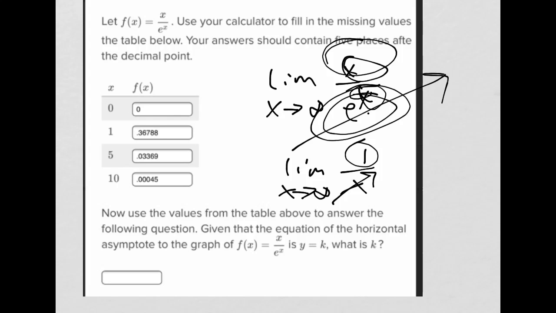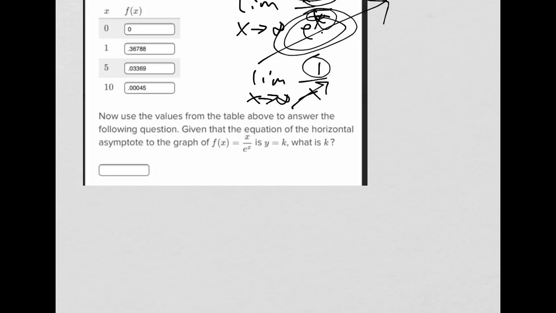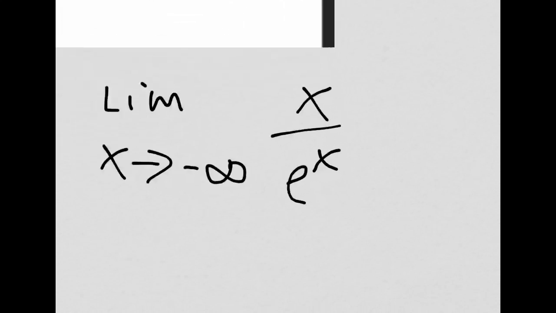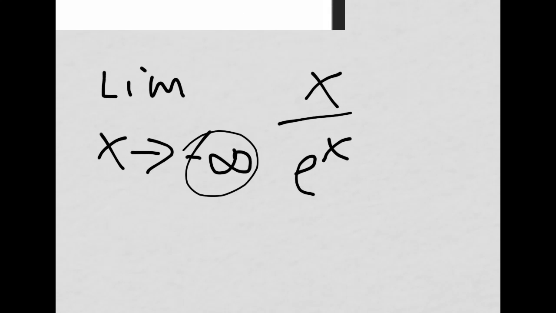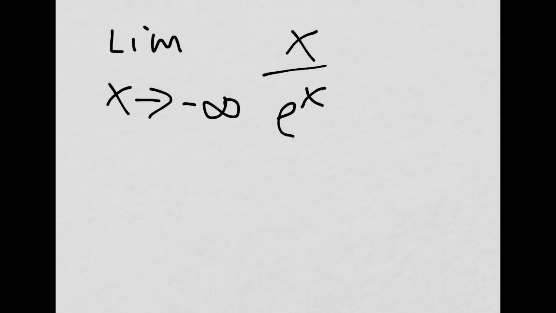But to be completely thorough, we actually have to check what the limit as x approaches negative infinity is. Here we're plugging in a really, really large negative number. First of all, that means this top number is going to be negative. And then if we're plugging in a negative number in an exponent, it's going to move up to the top.